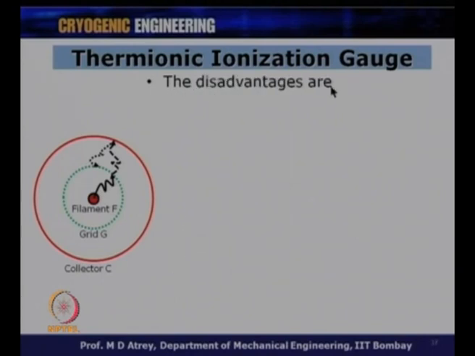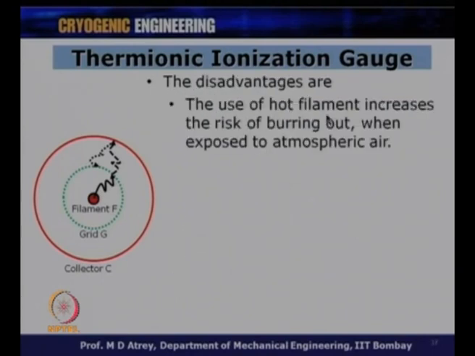The disadvantages of this gauge are the use of a hot filament. This filament is going to be hot, because only when it is hot will it release electrons. The use of a hot filament increases the risk of burning out. Sometimes it can get burnt out, especially when it is exposed to atmospheric air and you have oxygen over there, and you can have some burning of this filament.